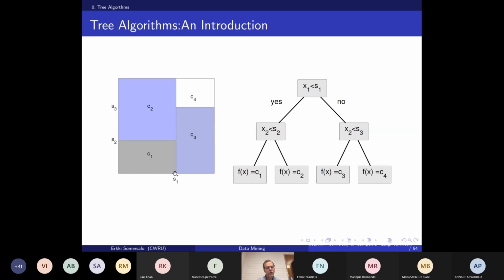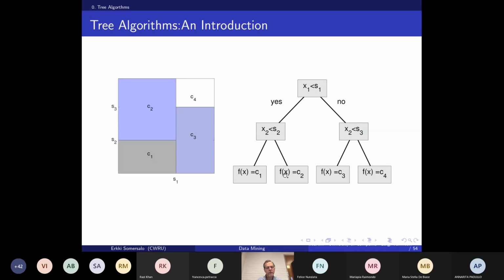Then you ask a question: is the value X2 larger or smaller than S2? S2 is this value here. If the answer is yes, then the input data of the patient leads to conclusion C1.